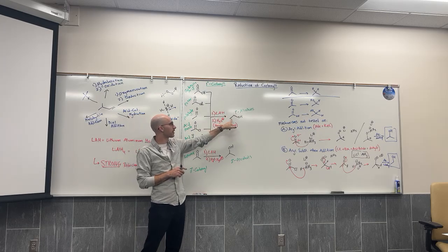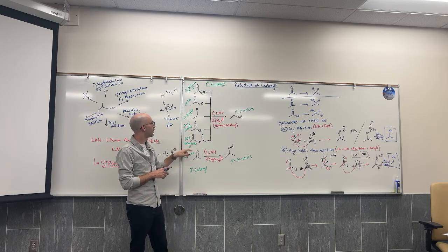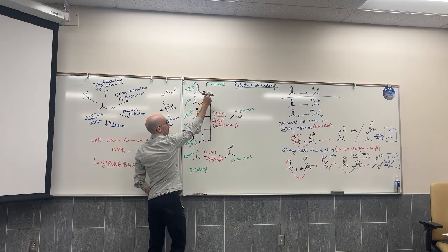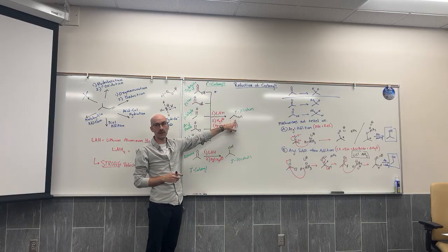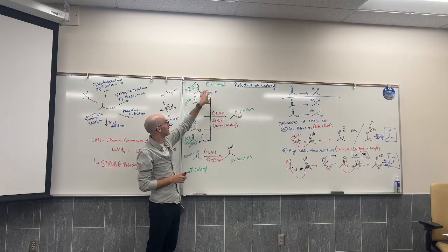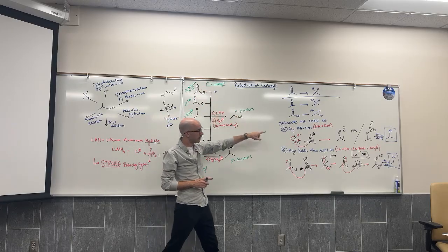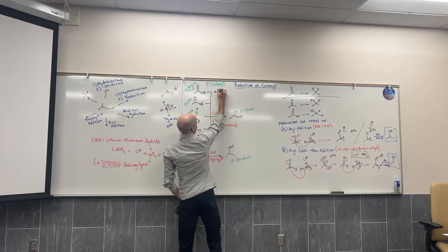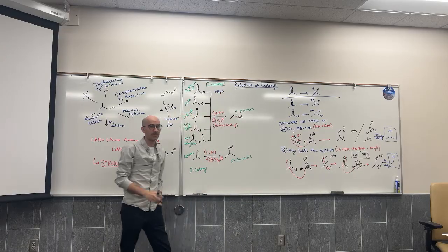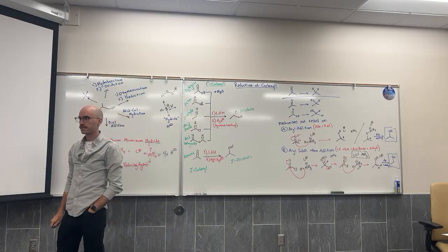Up here, we've lost the OH group, which means in addition to forming this alcohol, it kicked off a byproduct that contained that side group. After the aqueous workup, that gets protonated into water.